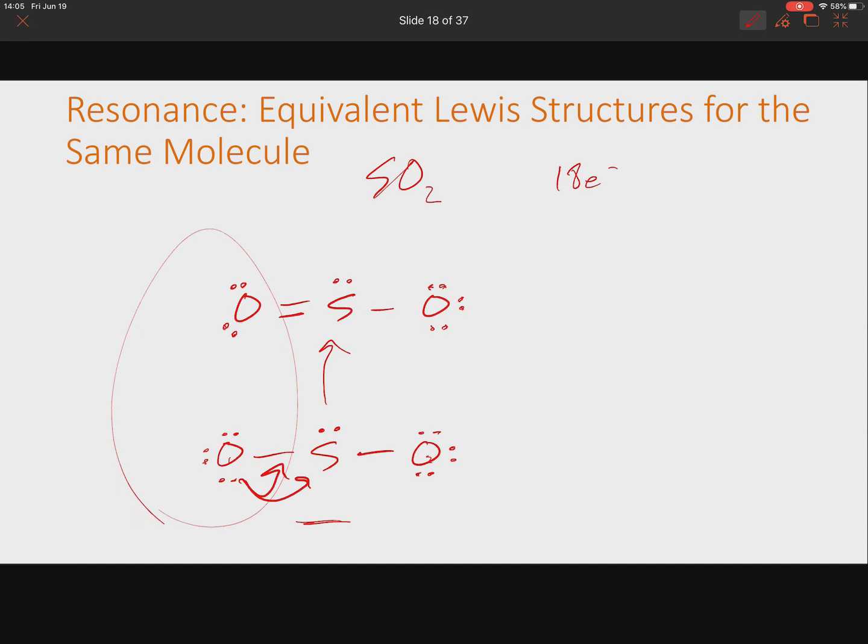And if this oxygen 1 was an isotope of oxygen that was, let's say oxygen 16, and this one was oxygen 17, we would really know the difference that one of them was double bonded and the other one wasn't double bonded. So we would need to show all possible structures here. And the other possible structure is that the double bond is actually to the other oxygen.